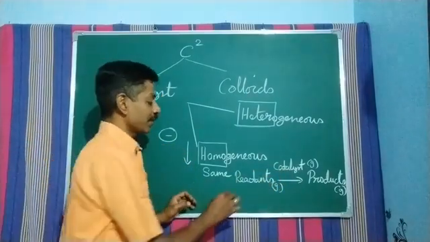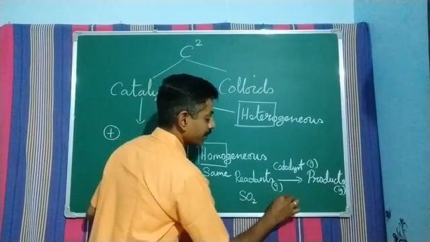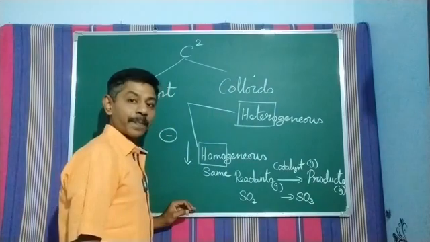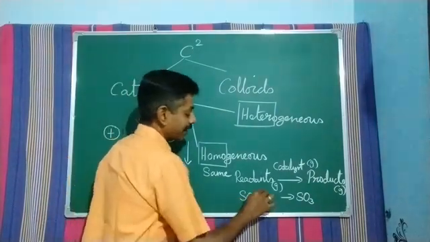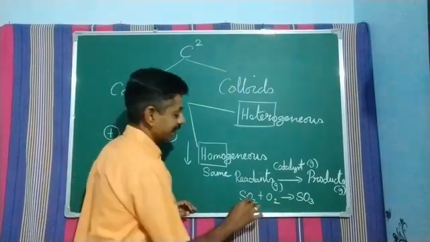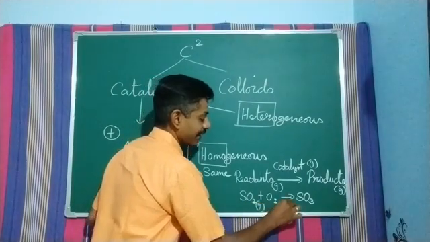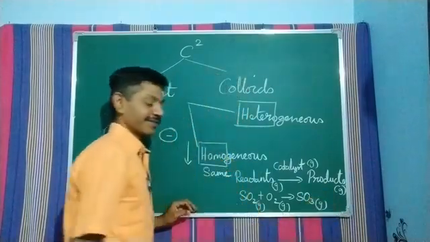Let me give you an example. We try to prepare sulfur trioxide, SO3. One reactant is SO2, the other reactant is O2. It is very obvious, SO2 is a gas, oxygen is also a gas, sulfur trioxide is also a gas.